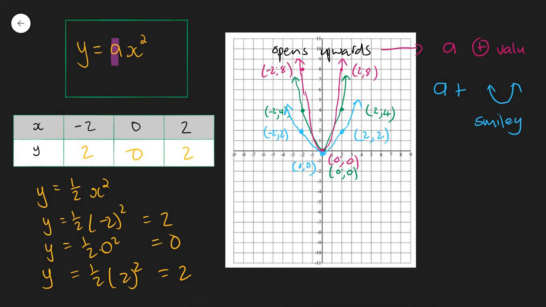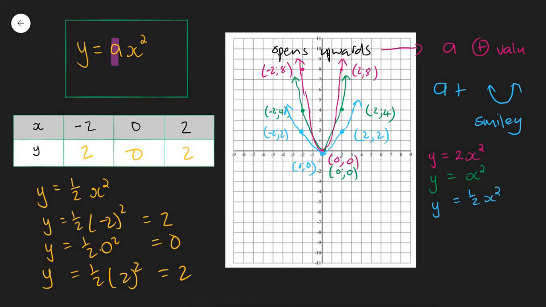In the pink case it was y equals 2x squared. In the case of the green, it was just y equals x squared. And in the case of the blue, it was y equals a half x squared.